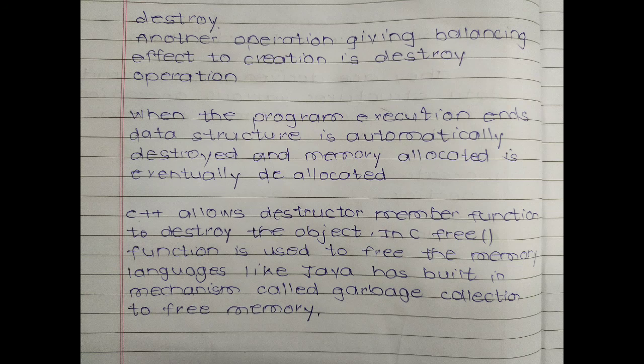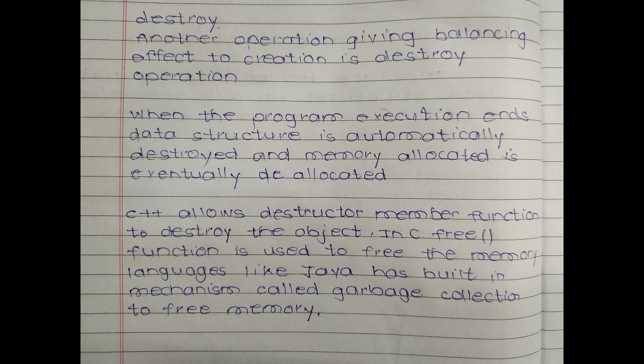So when program is executed, that means it is completed, all operations are performed, then program execution ends, that means result is acquired. Then data structure is automatically destroyed and memory allocated is eventually deallocated. So that means which memory is allocated to a certain location, it will be deallocated.